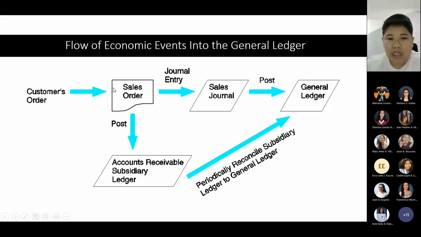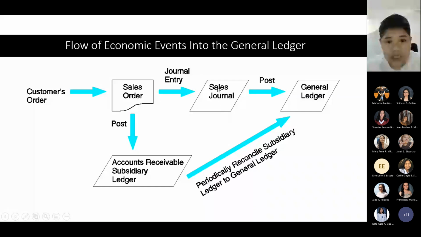Pero yung sales order mo will be recorded, okay? Will be journalized in your sales journal. From the sales journal, it will be posted to your general ledger. Kasi dito sa sales journal, naka-debit dyan, debit, accounts receivable, credit, sales.